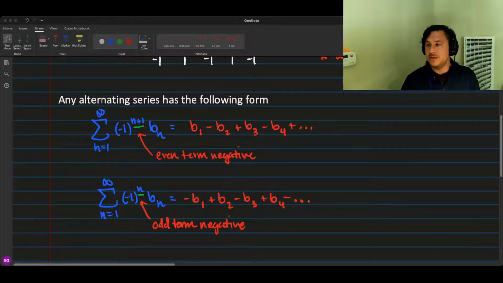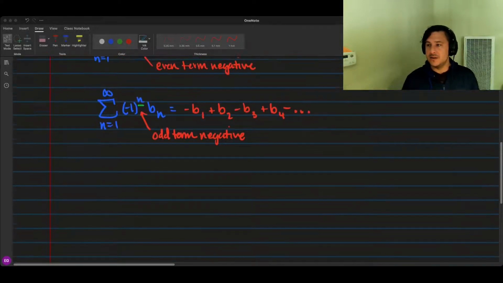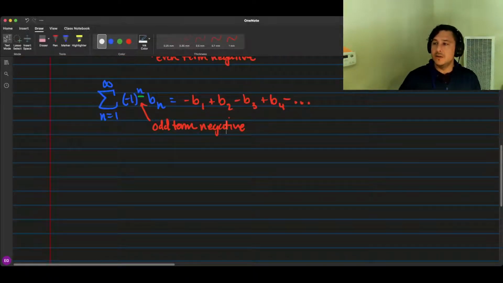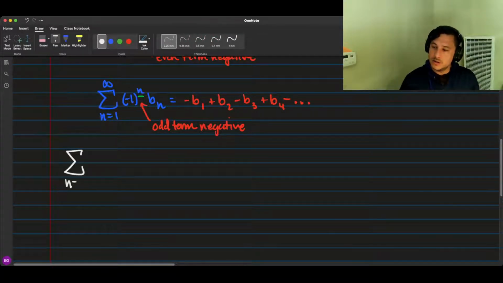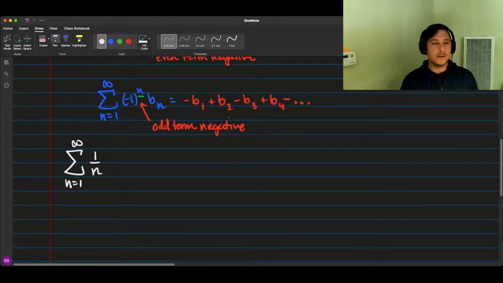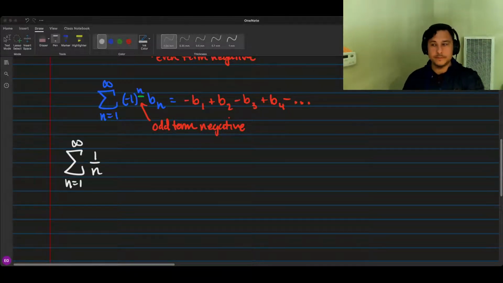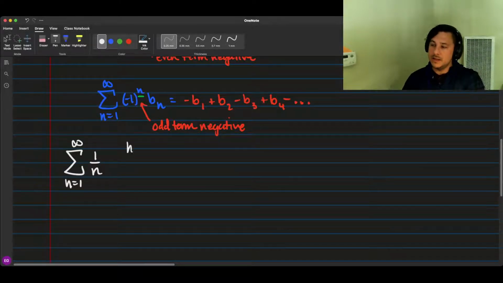Okay, so let's do our first example for one of these. What do you know? Or here's a better question. What is the name of this series? Nice, it's called the harmonic series. And we know that the harmonic series diverges.